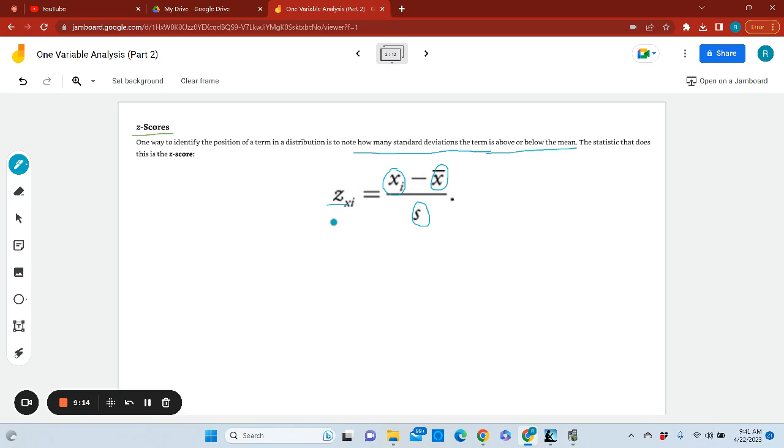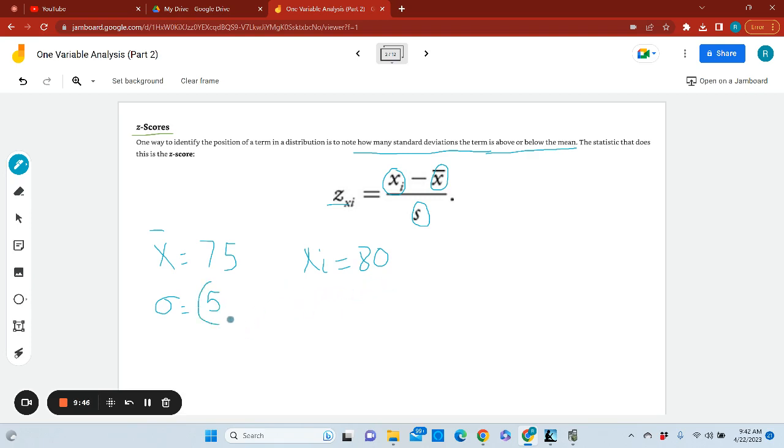So a real quick example: if I gave you all a test and the average on the test was a 75, and the standard deviation for the test was 5 points, and you scored an 80 on the exam, intuitively you might already understand that you were 1 standard deviation above average.